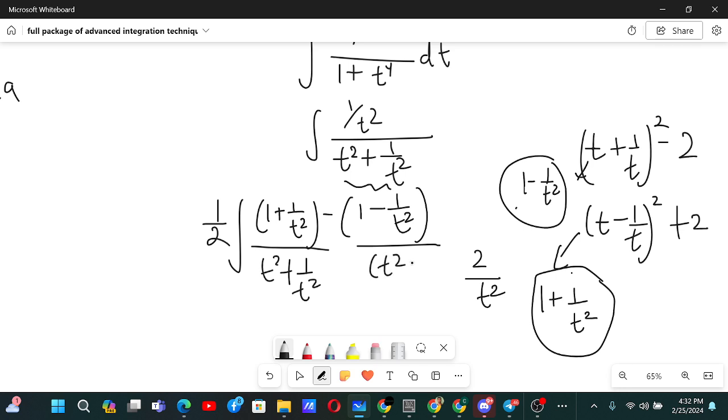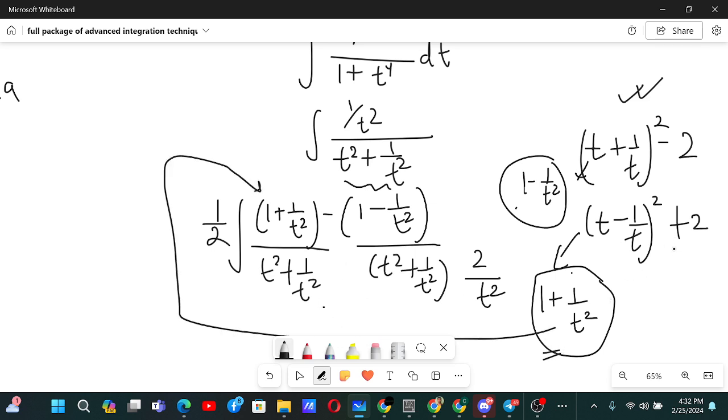Now what am I gonna do? I'm gonna write this in this form. In the numerator we have this form, so I will make the denominator in this form, and over here I will make it in this form.